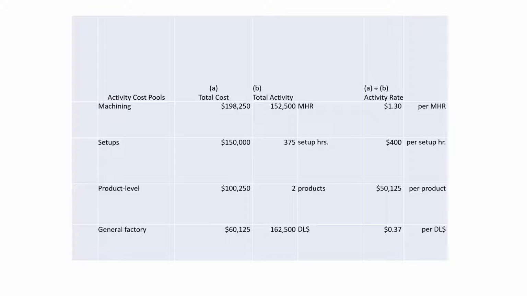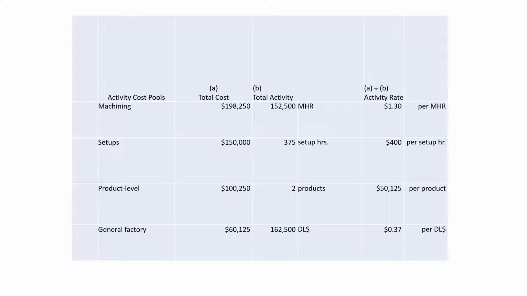So the machining, 198,250, total machine hours, 152,500. So the activity rate would be $1.30 per machine hour. Setups, $150,000 cost divided by 375 total setup hours, $400 per setup hour.